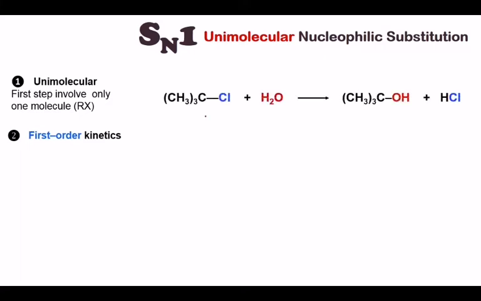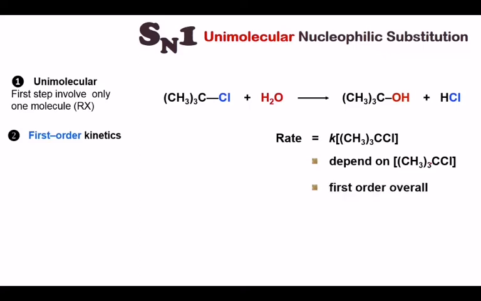For example, I have this tertiary haloalkane reacted with H2O to produce this product. So the rate law, I will write it as rate equal to k concentration of haloalkane. Rate determining step only involve the haloalkane. That's why the rate only depend on concentration of haloalkane and the overall order is first order.